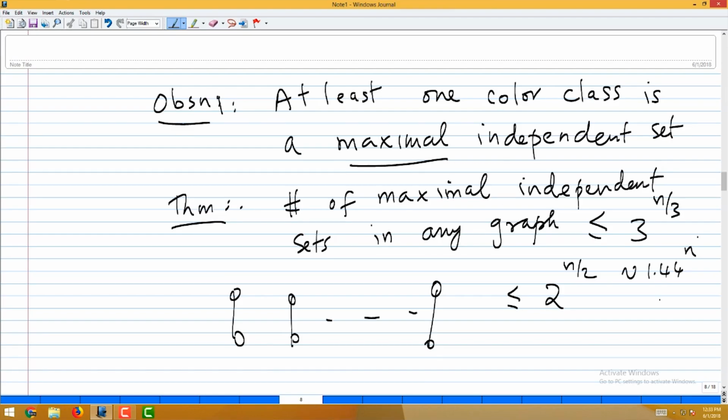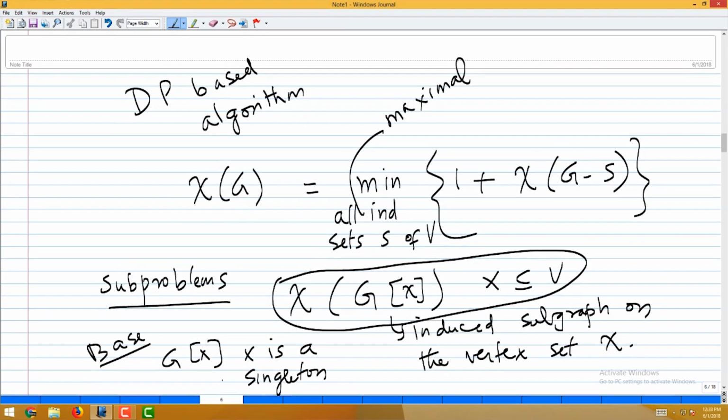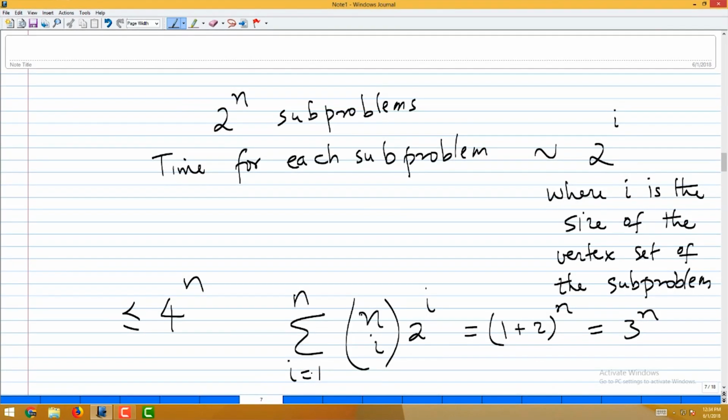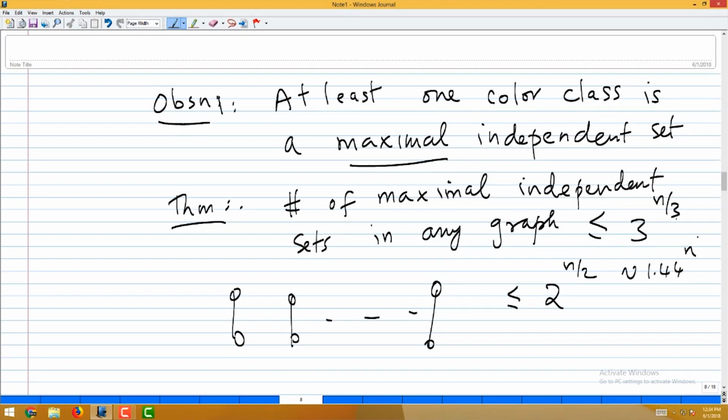Okay, so let us come back to how all of this improves my algorithm for coloring. We are only running over all possible maximal independent sets of that graph. So here, this won't be 2 power i, this number is 3 power i by 3, the number of maximal independent sets you are running over.